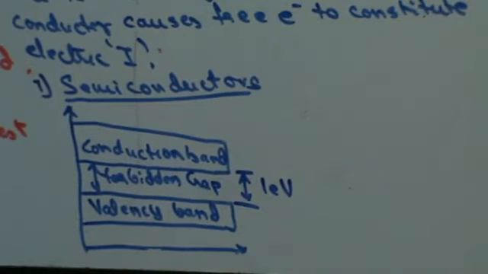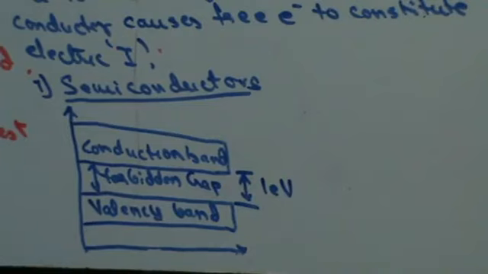So as the temperature increases, more and more electrons come into the conduction band, right? As the number of electrons in the conduction band increases, the ability of the substance to conduct electricity also increases, right? And that is the reason why these substances behave like conductors at room temperature.